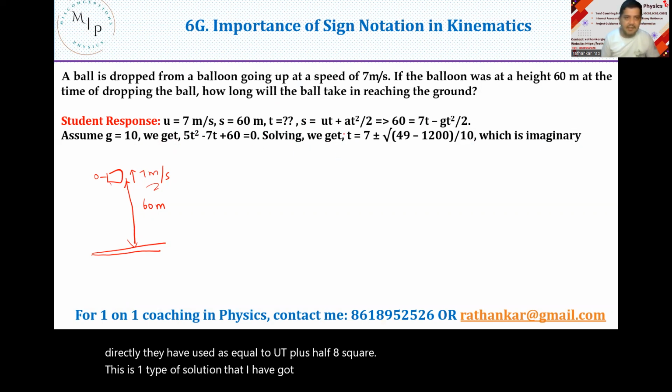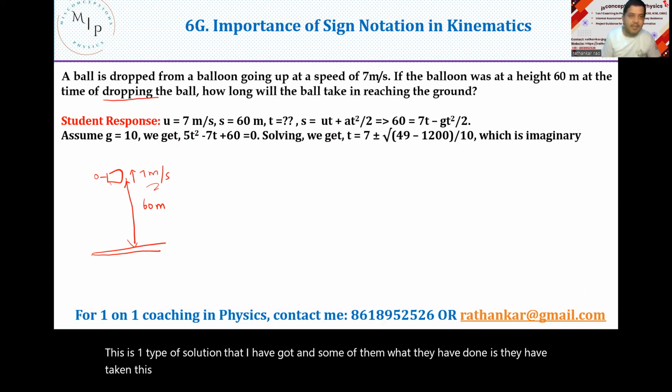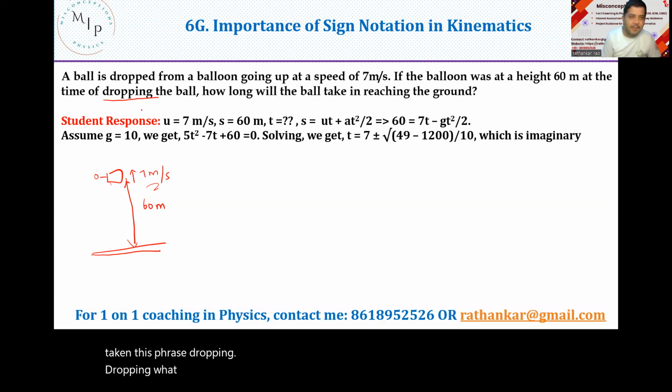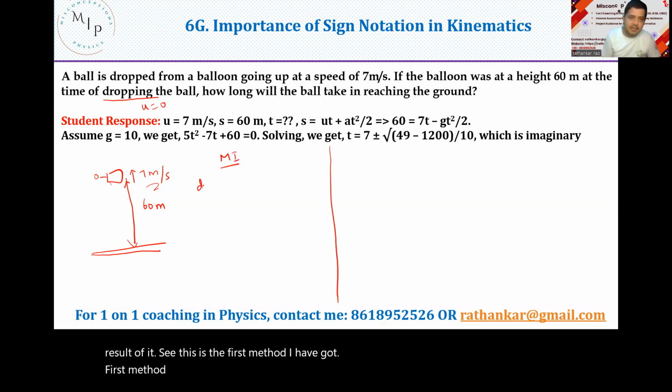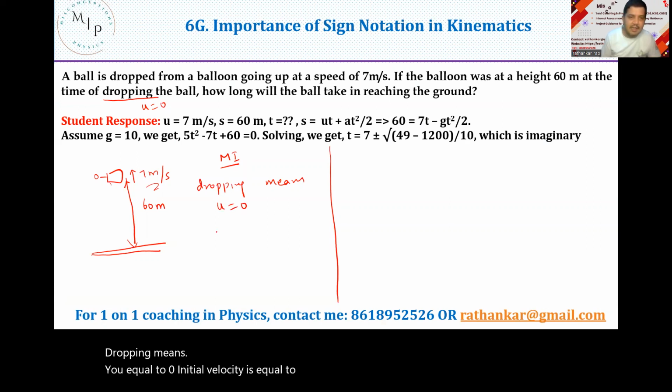And some of them have taken this phrase, dropping. So what does dropping mean? Dropping means the initial velocity equal to 0. This is the first method I have got. First method is, they have assumed dropping means u equal to 0, initial velocity is equal to 0, and use the equation S equal to ut plus half at squared.